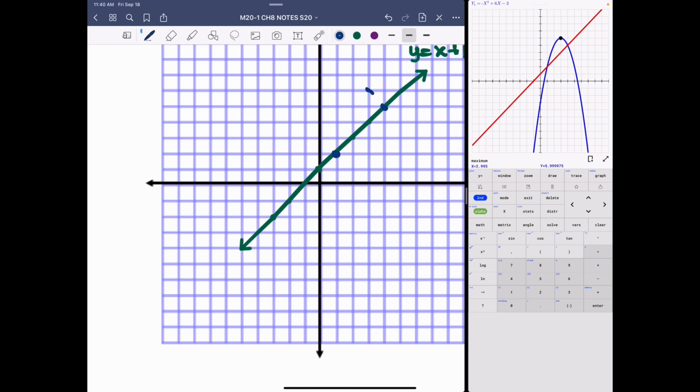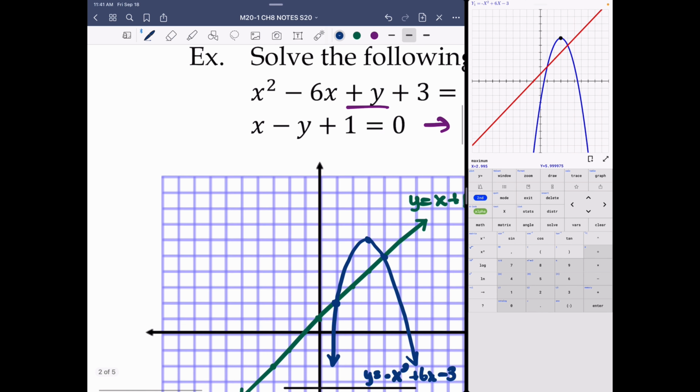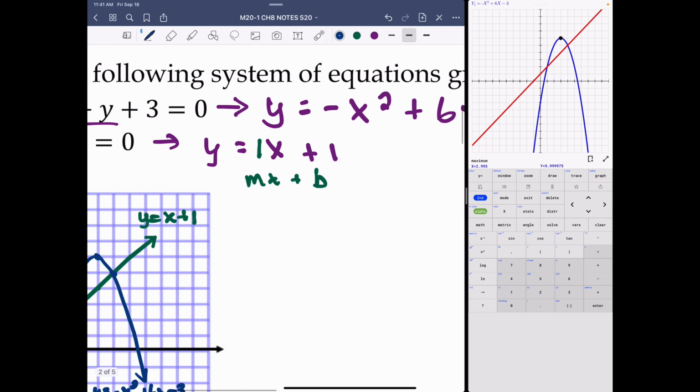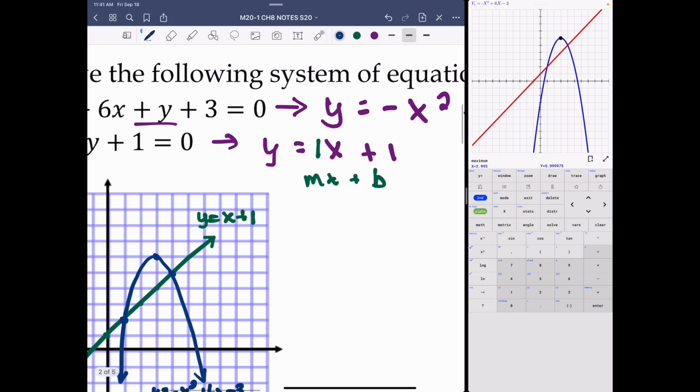So I can give a quick sketch. Not the best, but not bad either. Alright, that is our y equals negative x squared plus 6x minus 3. I believe that was our equation.